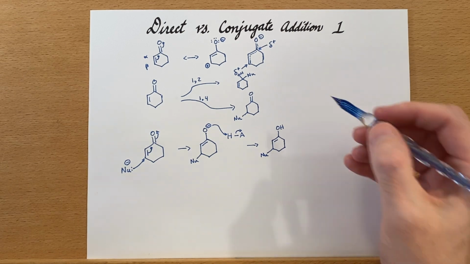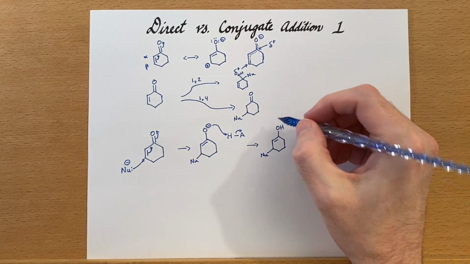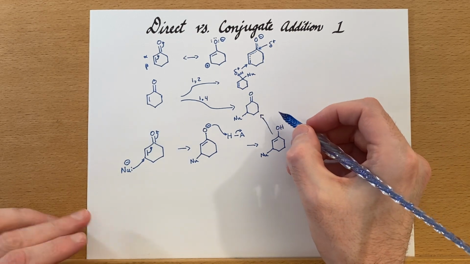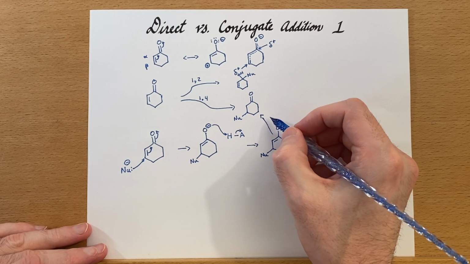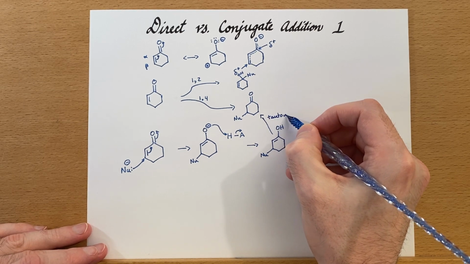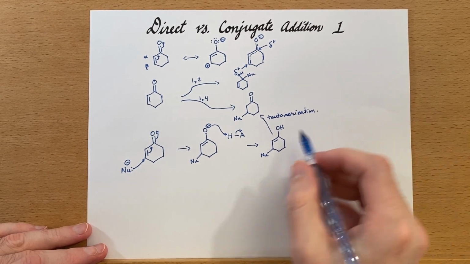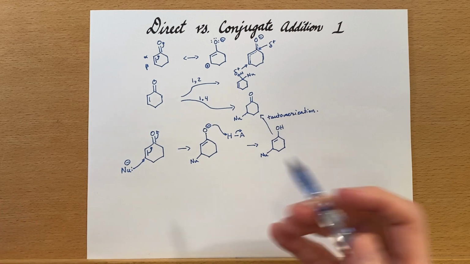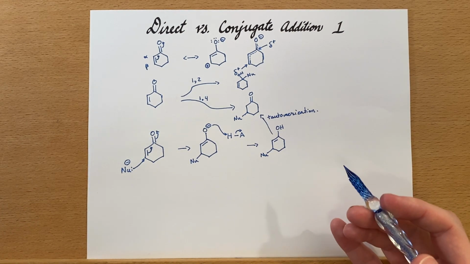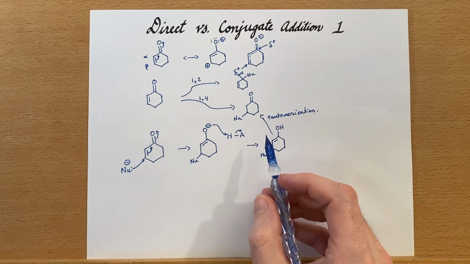And those will undergo keto-enol tautomerism, and I don't want to draw out the entire mechanism for that. So I'm just going to say keto-enol tautomerism, and I'll call it good. There's another video on tautomerization. So that's the two possibilities.